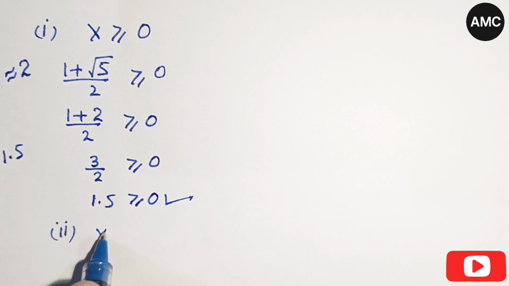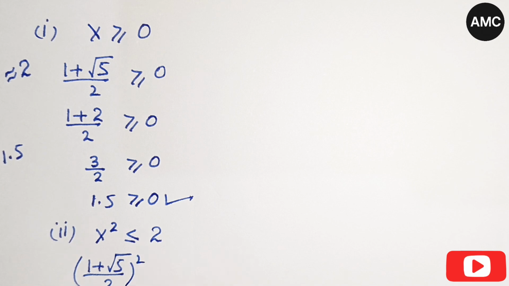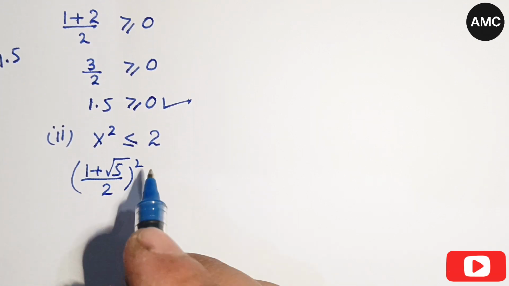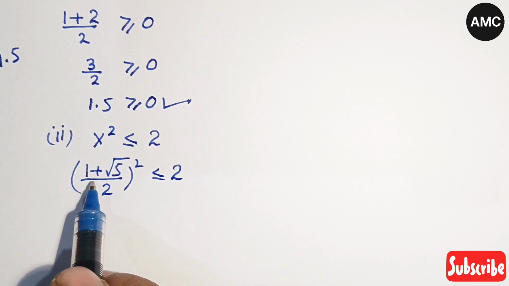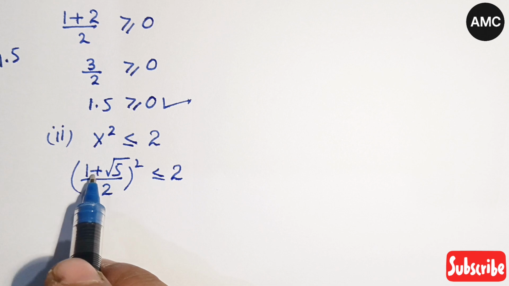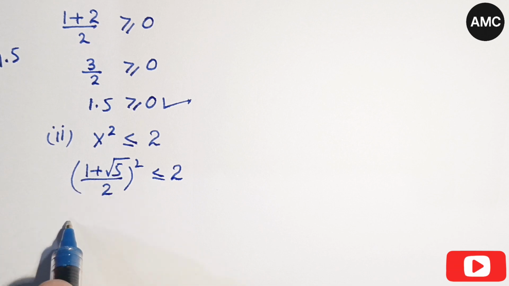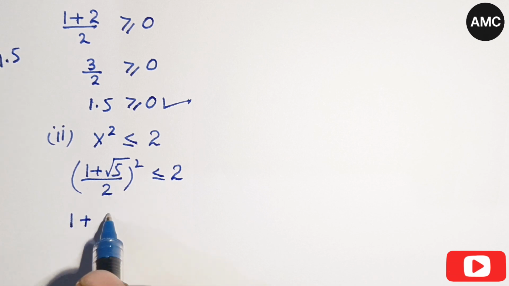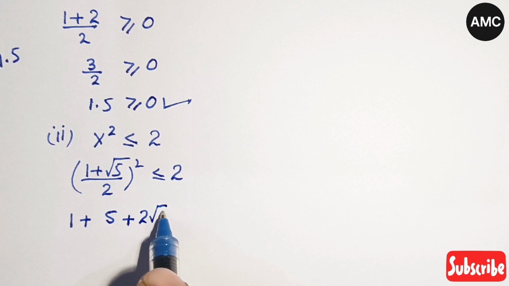So our second condition is x squared is less than or equal to 2. Here x is 1 plus square root of 5 over 2, whole squared, is less than or equal to 2. Now checking this one, 1 plus square root of 5 is like a plus b whole squared. Then 1 squared is 1, plus b squared, we get 5, and plus 2ab we get 2 times square root of 5.